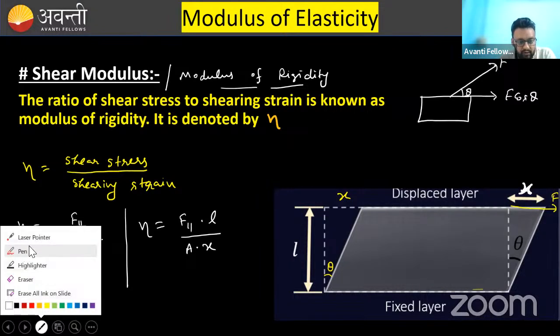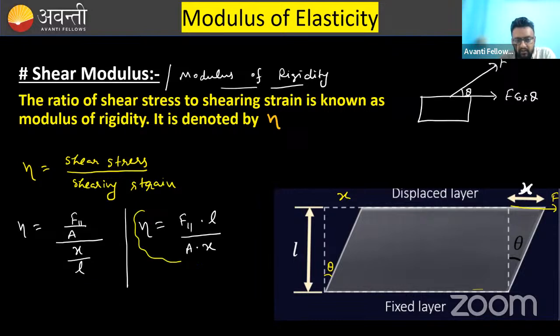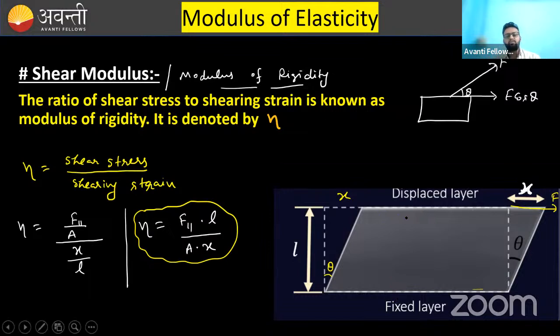Try to figure out each and every term in it. What is A? Area of the surface. x is the displacement of the surface. F parallel is the force parallel to the surface. L is the separation between the two surfaces, the fixed surface and the displaced layer.